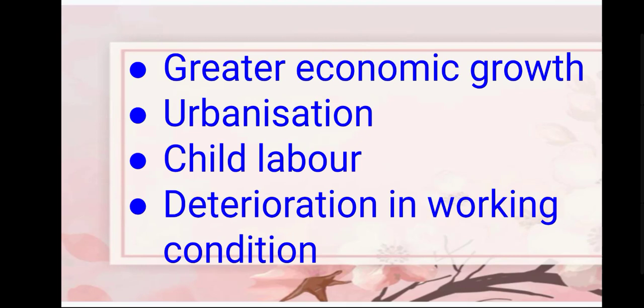So there were several impacts of the British Industrial Revolution on society. There was great economic growth, more and more goods were being produced, child labor increased, and there was deterioration in the working conditions of the people, or you can say the factory workers.